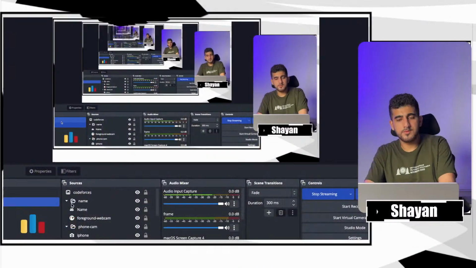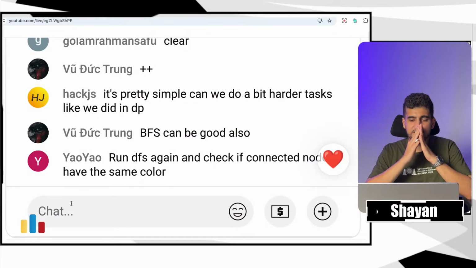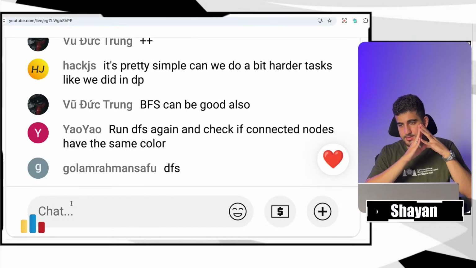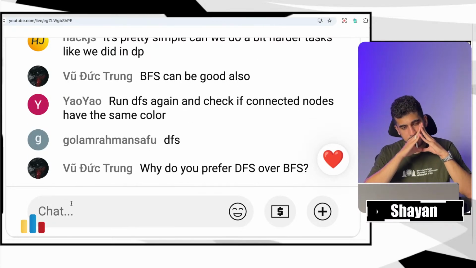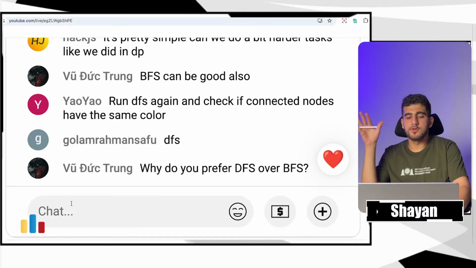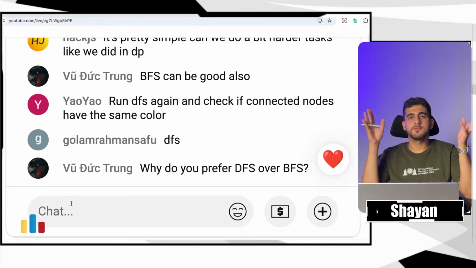Okay, sorry for that. I had to leave for a second. So can you say what is the thing that I need to check at the end? What is the final thing that I need to check? I need to ensure that my graph is bipartite, right? DFS and BFS both work here. I mean, they have no difference.